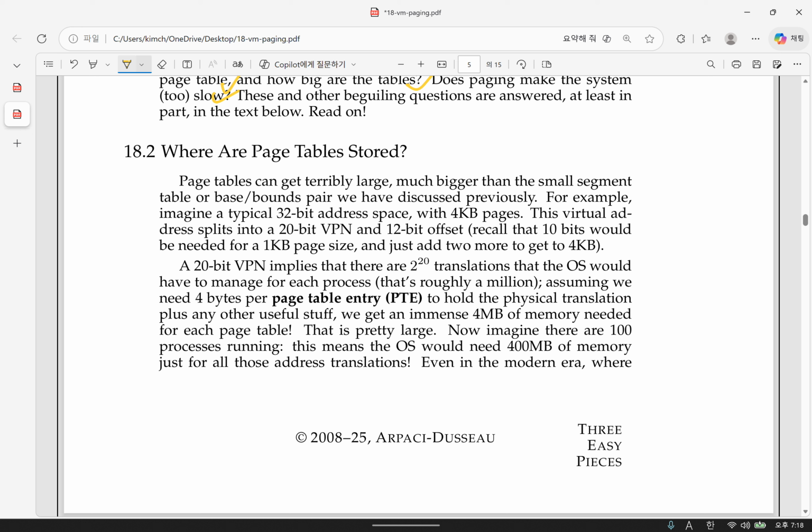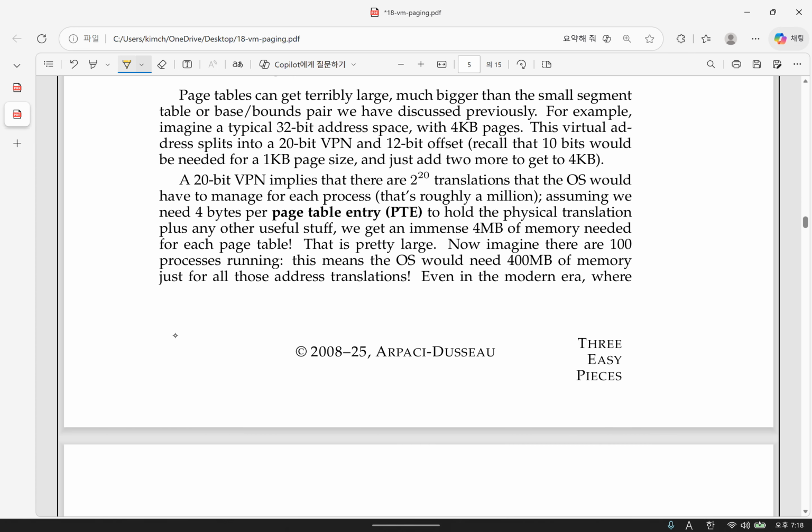Consider a 32-bit address space with 4K pages. A 32-bit address space has 2 to the 32 addresses. 4 KB is 4 times 2 to the 10, which is 2 to the 12, so each page has 2 to the 12 addresses.